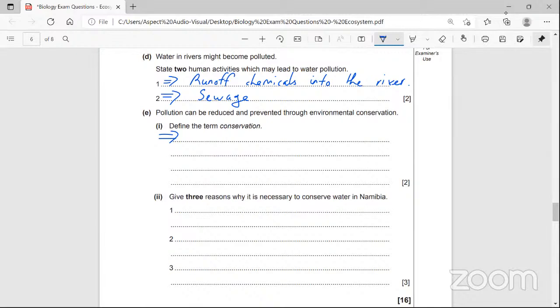Yes, you're preserving. What is conservation, guys? I told you this, yes?